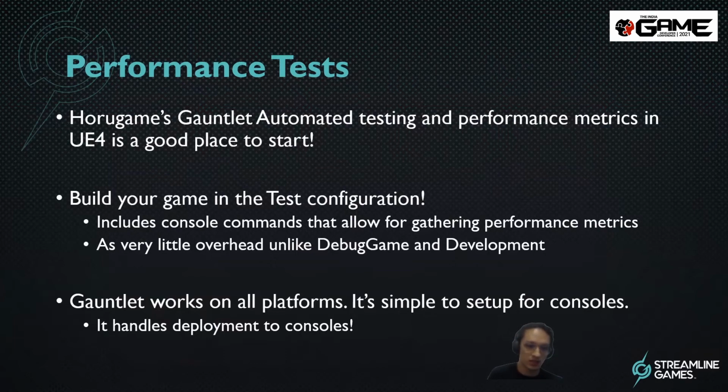That's because the test configuration includes the debugging console, which allows you to enable the CSV profiler, and it's almost like a shipping build, in the sense that it has very little overhead, but it has all of the tools that you need to gather performance metrics.